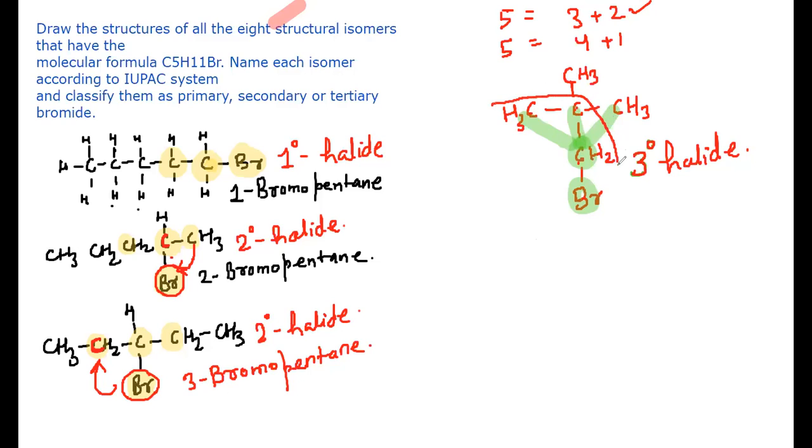This longest chain will have the substituents. So its name will become 1 bromo, 2, 2 dimethyl propane.